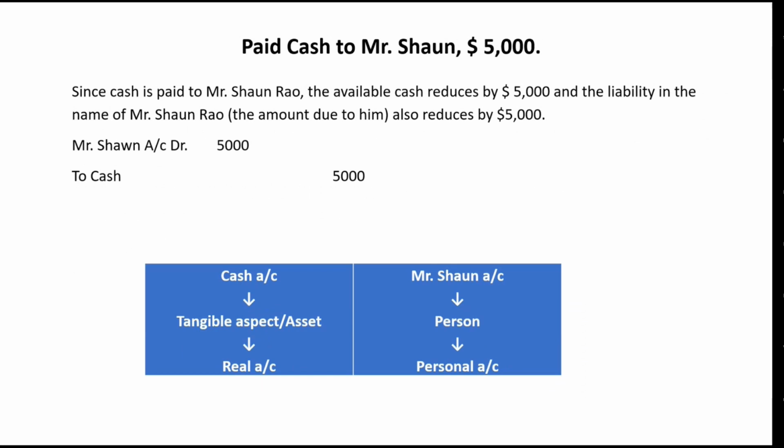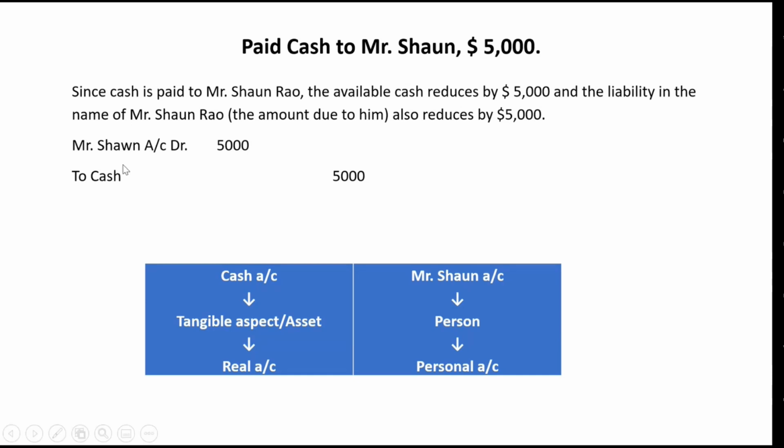Paid cash to Mr. Shaun, $5,000. In the previous case, we bought goods on credit, but now to Mr. Shaun, $5,000 we are paying cash to him, right? So whenever we are going to pay cash, the first thing that comes to our mind is that the cash has gone from the business. Cash is real. So credit what goes out.